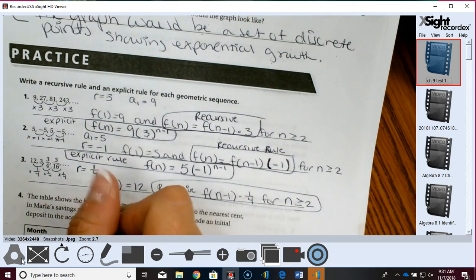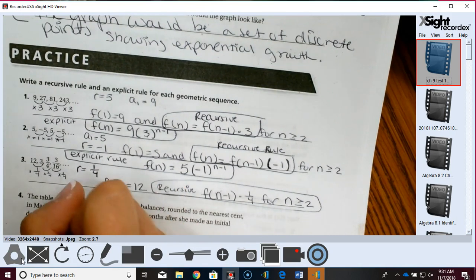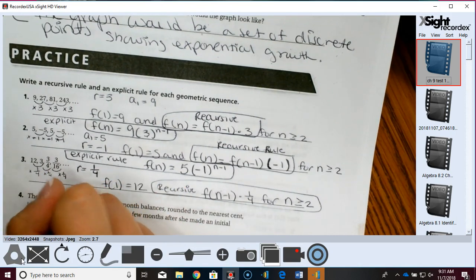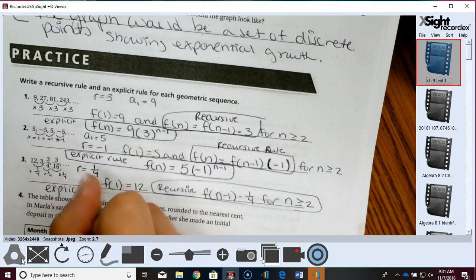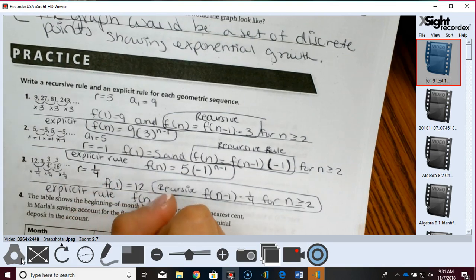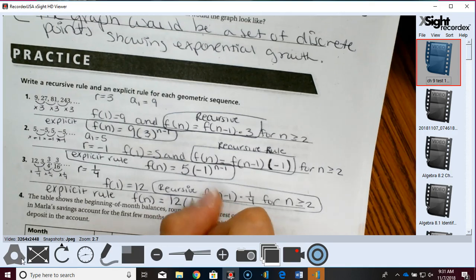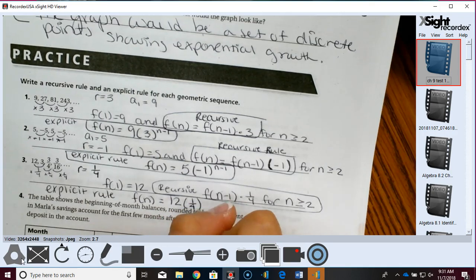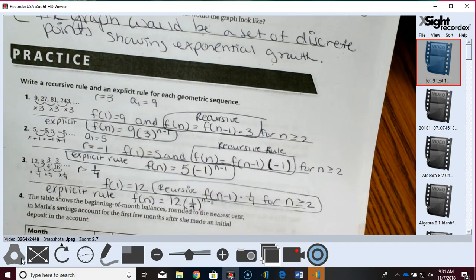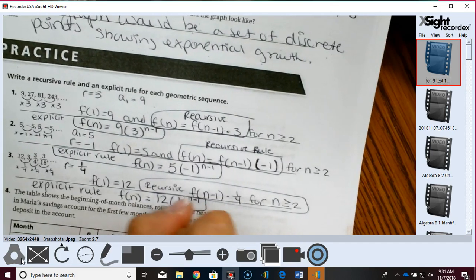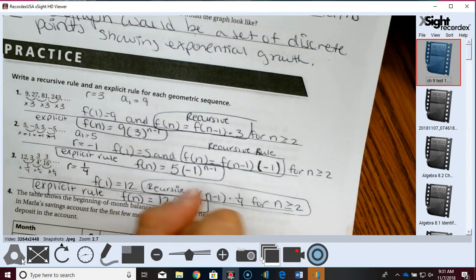Then we're going to have our explicit rule. F of n equals the first term, 12, times my common ratio, 1/4, to the n minus 1. Let's see if this works.